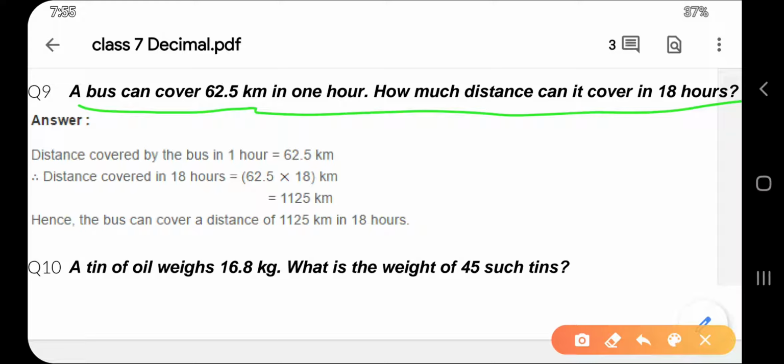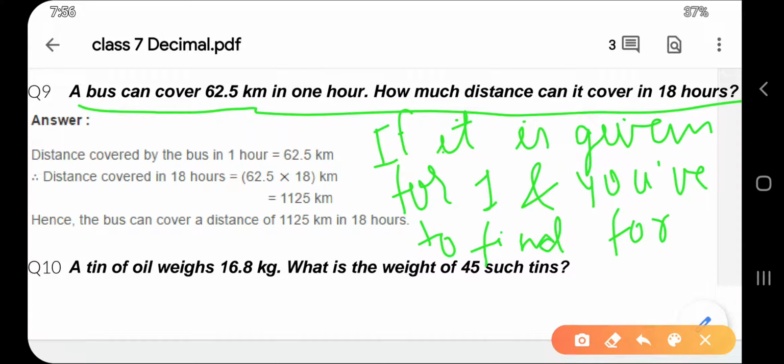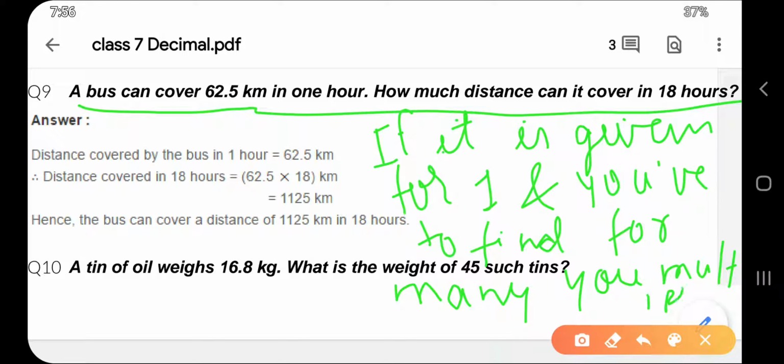Just remember, a very important thing I'm going to tell you, that if it is given for 1 and you have to find for many, you multiply, that's it, multiply.